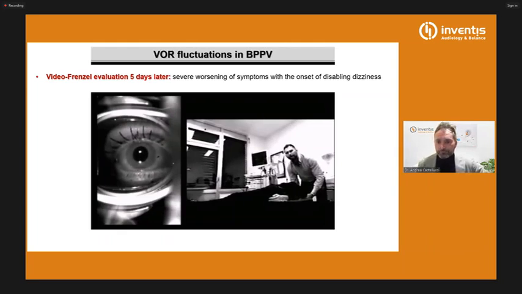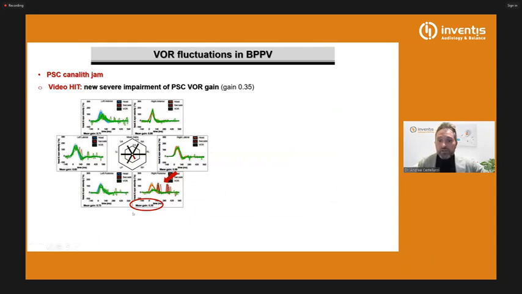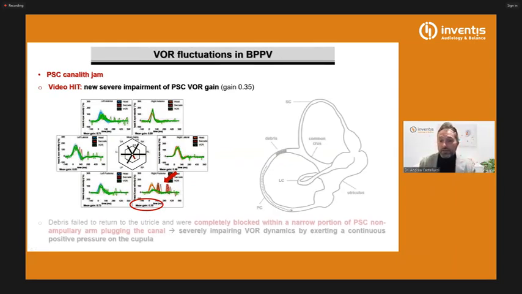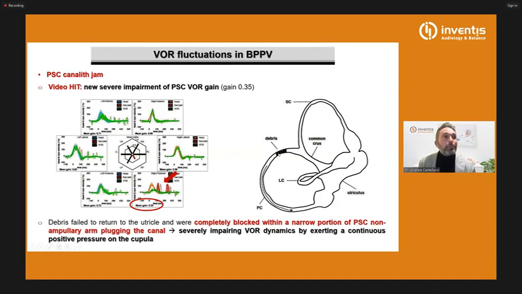You can see here that she has this spontaneous nystagmus. It's not very easy to understand which is the torsional component. But the most interesting thing is that in this stage of the disease, she has a severe reduction of the VOR gain. So probably now she had a complete jam that leads to a spontaneous nystagmus due to a persistent inhibition of the afferents of the posterior canal.